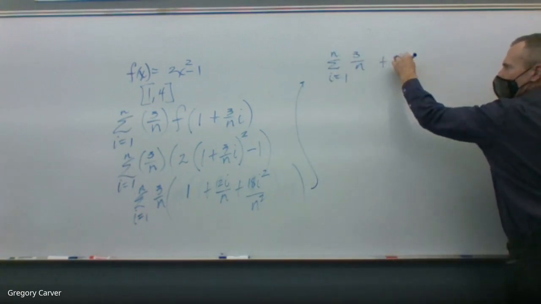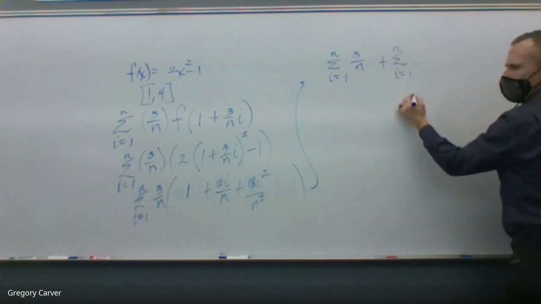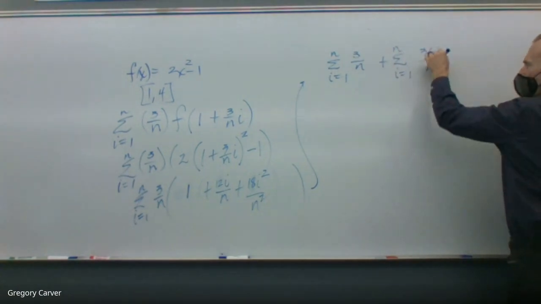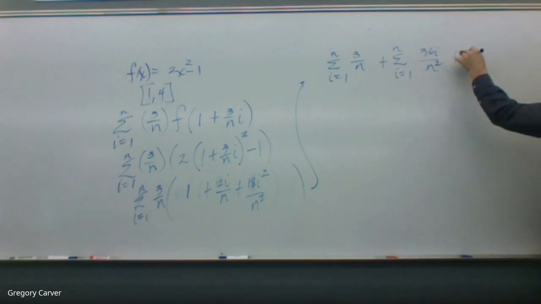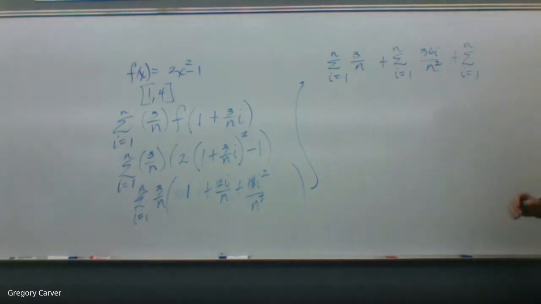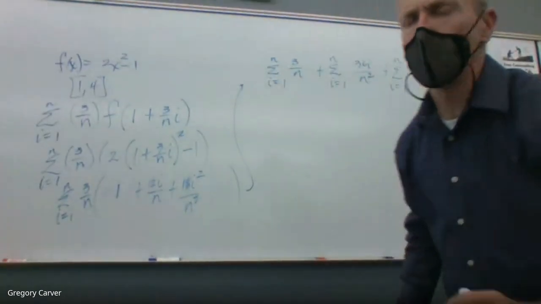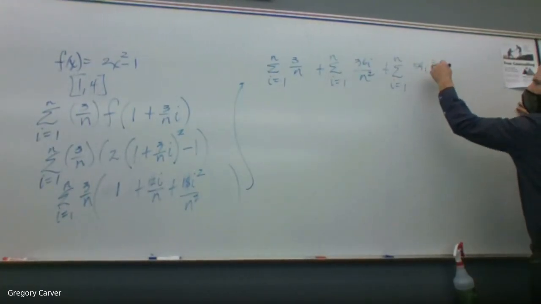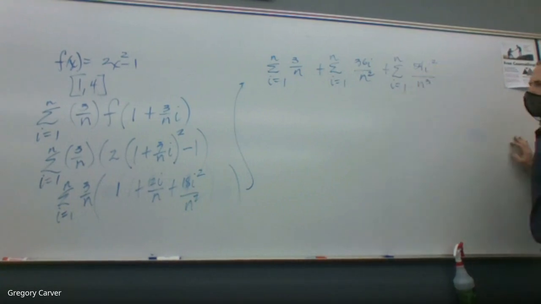Next is the sum from i equals 1 to n of 36i over n squared. The last one is plus the sum from i equals 1 to n of 54i squared over n cubed.